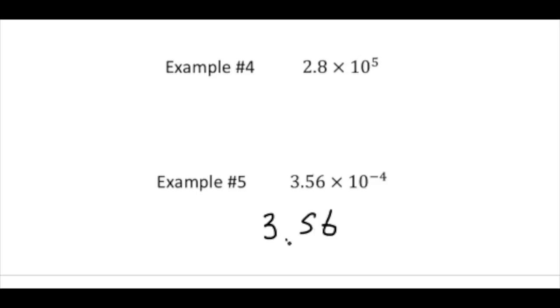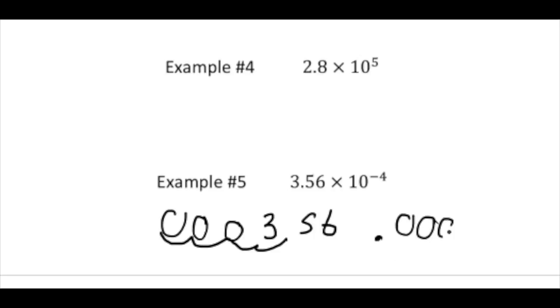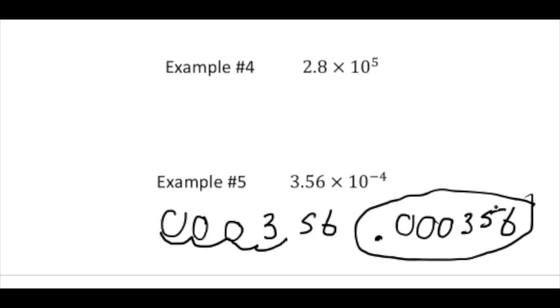And I'm going to move this decimal 4 spots to the left. So there's 1, but I need to add some zeros. So 1, 2, 3, and 4. So it's going to be 0.000356, written in standard form.